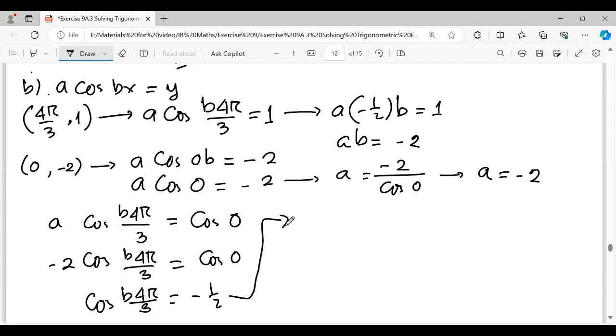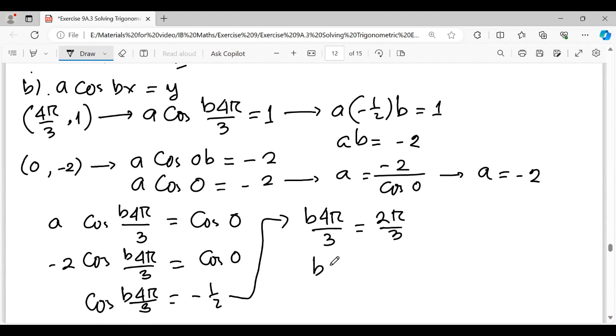So b times 4 pi third equals 2 pi over 3, because cosine 2 pi third equals -half.